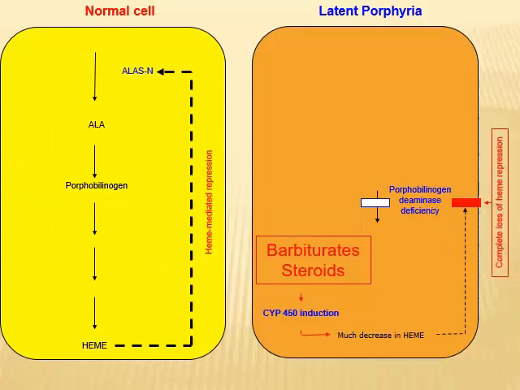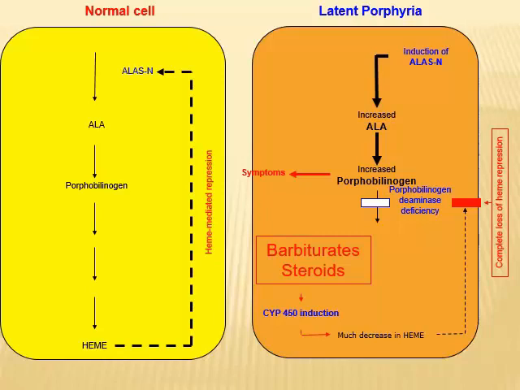With subsequent loss of the negative feedback induced by the heme on the ALA-SN enzyme. Accordingly, there will be activation of the heme pathway, with excess production of the toxic metabolite, porphobilinogen, and precipitation of an acute attack of porphyria.